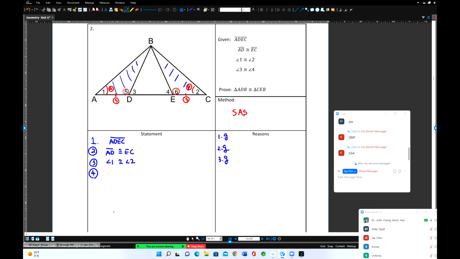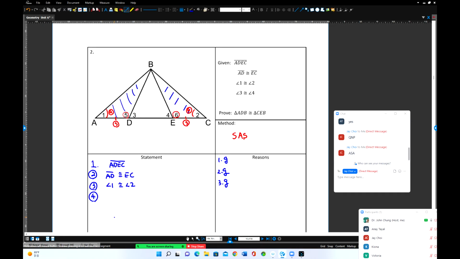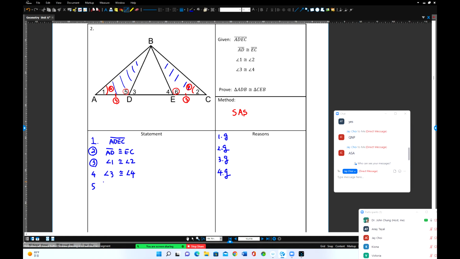How can you prove this one? Angle 3 is congruent to angle 4. Using this one, we can find the supplements are also congruent. Now number 5. Angle 5 is supplementary, I'm going to use the SPP.